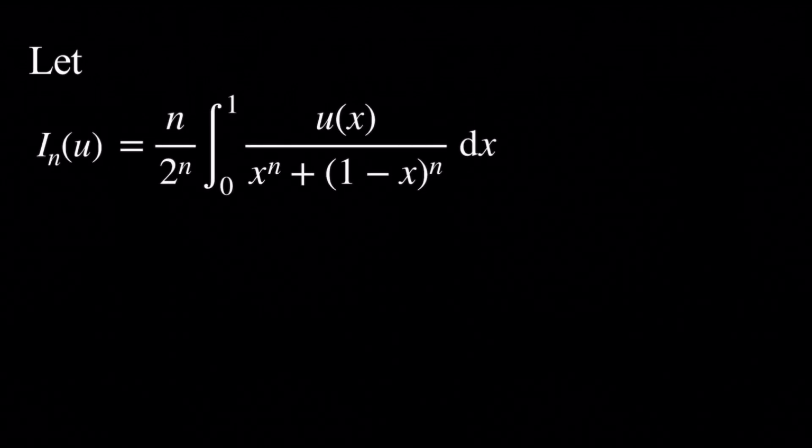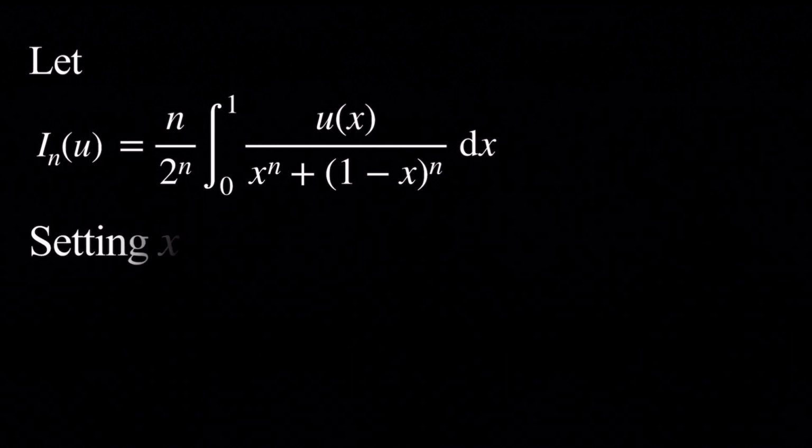Okay, so we're going to denote by I_n(u) the integral n over 2^n times the integral from 0 to 1 of u(x) over (x^n + (1 - x)^n) dx.